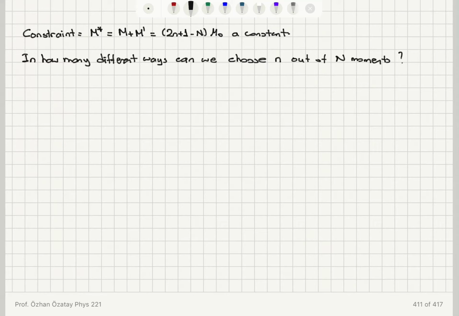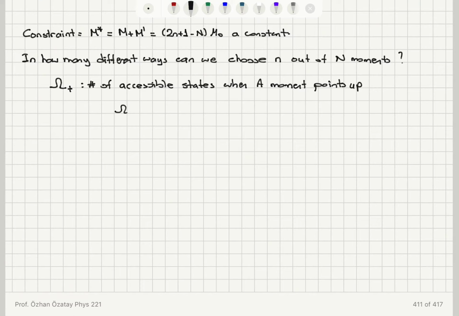The answer will be for the number of accessible states to the system, which I will denote by omega plus, when A moment points up.